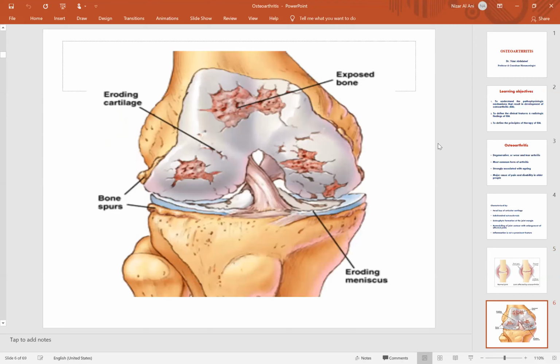This is also the same as we see the cartilage which covers the bone. It is eroded and there is focal loss of cartilage with development of bone spurs or osteophytes. The meniscus also gets erosions.